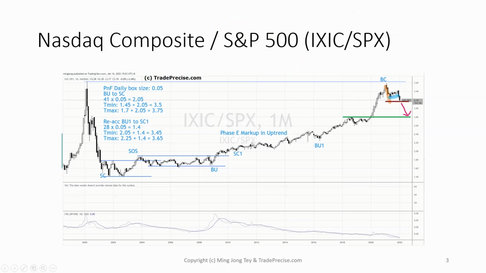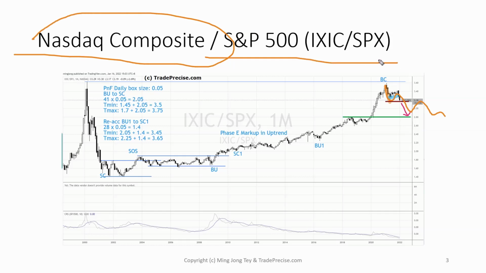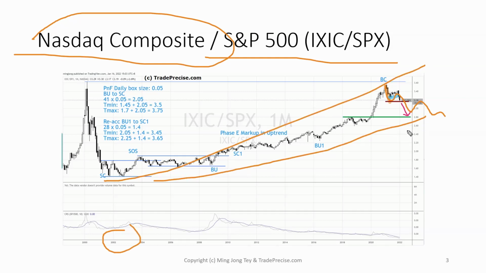Just bear in mind that if this chart goes down, goes into a downtrend, or maybe flat, or just forms lower highs and lower lows, this typical downtrend means that the Nasdaq underperformed the S&P and lost its leadership since 2002. This is like 20 years of leadership.